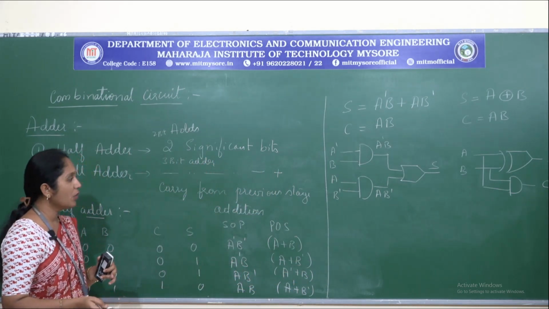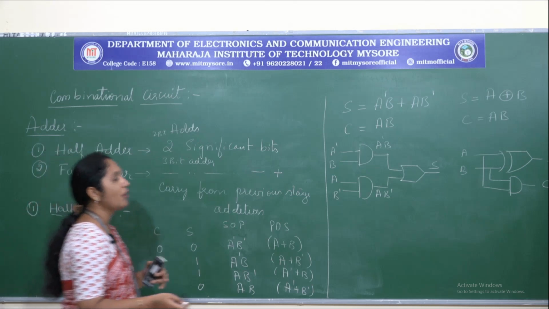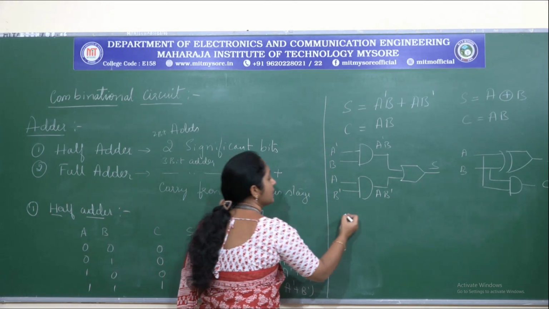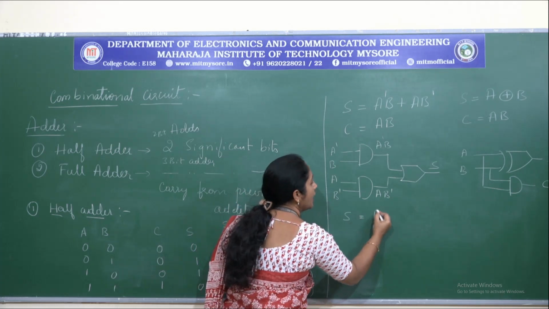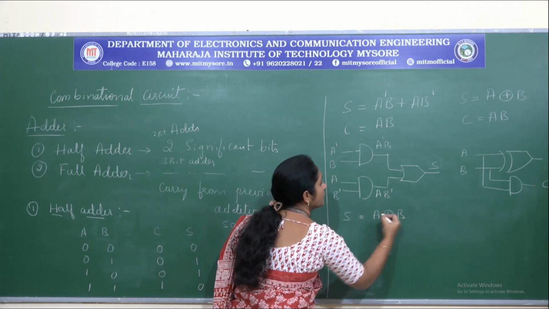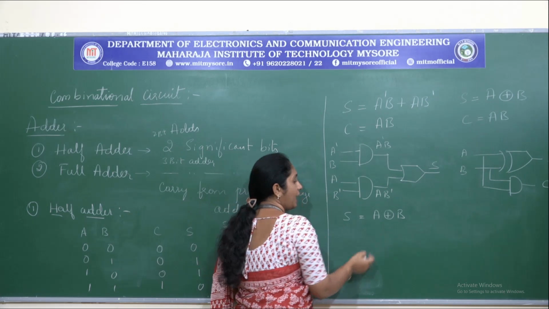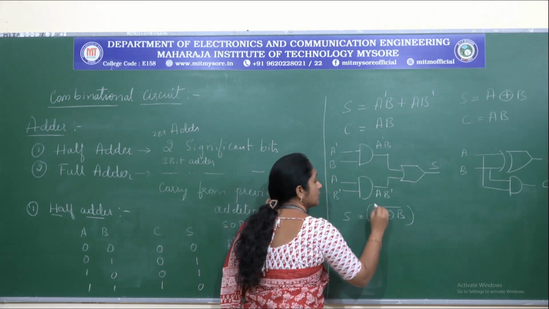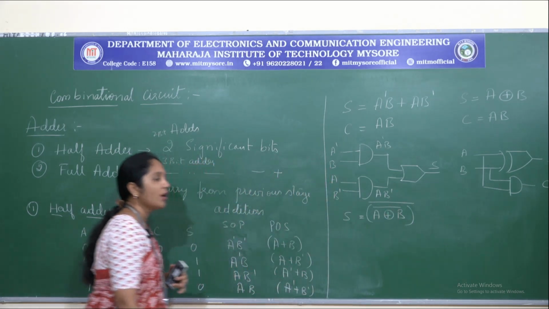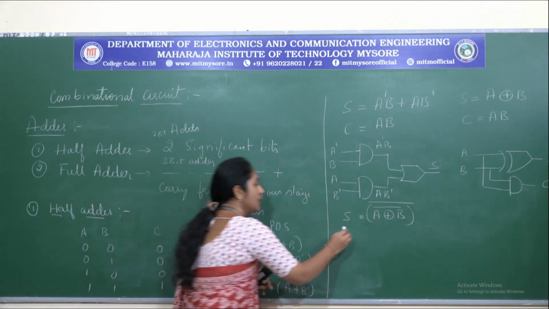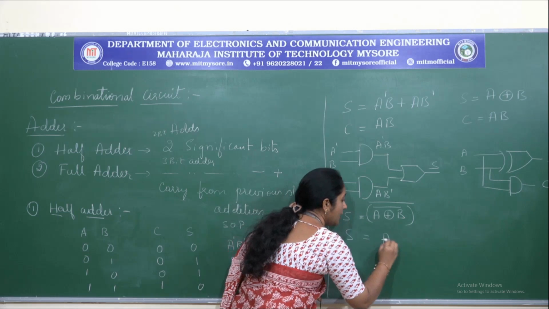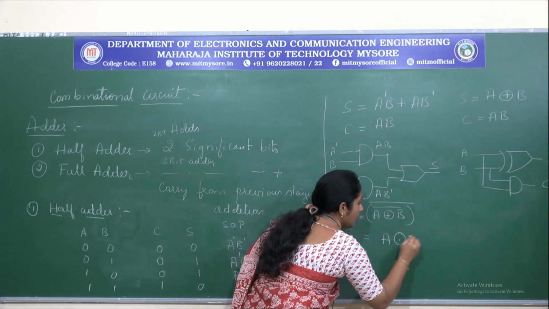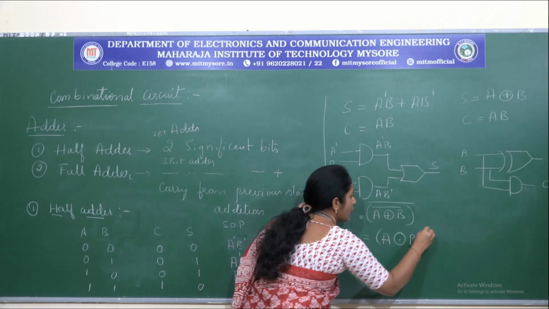Before that, we can have another representation for this. Sum is represented as A XOR B, right? This can also be written as A XNOR B dash.